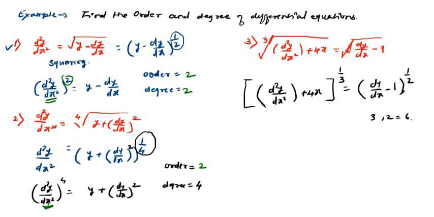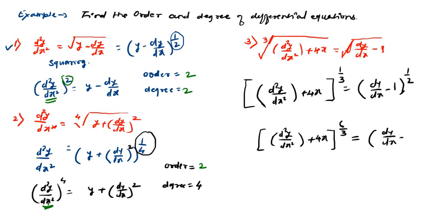So taking power 6, see what will happen. This will be d2y by dx square plus 4x raised to 6 by 3, and this will be dy by dx minus 1 raised to 6 by 2.